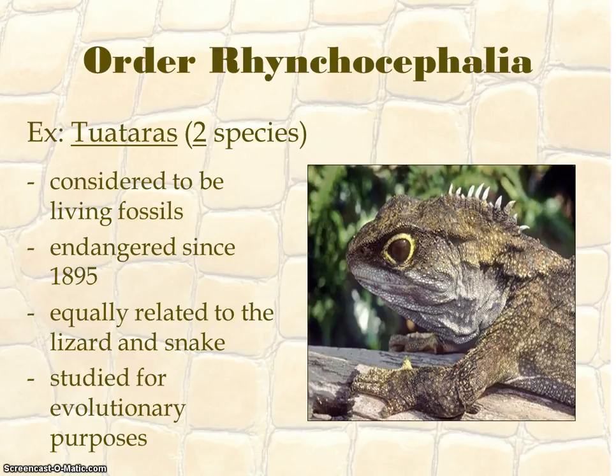As far as their makeup and their build, their genetic characteristics are going to be more similarly linked to dinosaurs. They are endangered. They've been that way since the late 1800s. They also have similar characteristics to lizards and snakes, so there's not a definite characteristic that links them to one or the other.